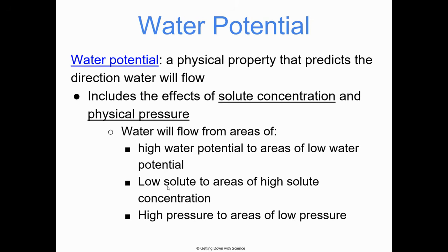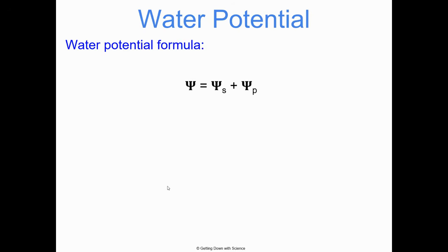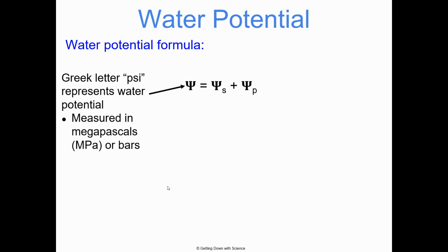Now let's go ahead and go through the formulas for water potential and solute potential. We'll start with water potential. So here's the formula for water potential, and this symbol here is the Greek letter psi, and that represents water potential. It can be measured in megapascals or bars, and here's a conversion for those so that you have them. I've never seen the AP exam ask you to convert it, but just in case, 1 megapascal is 10 bars.